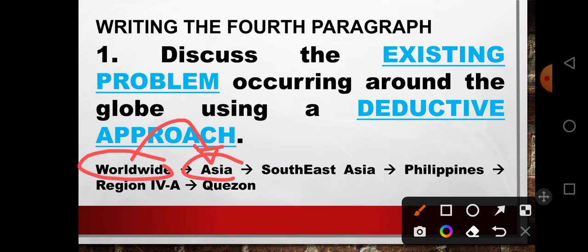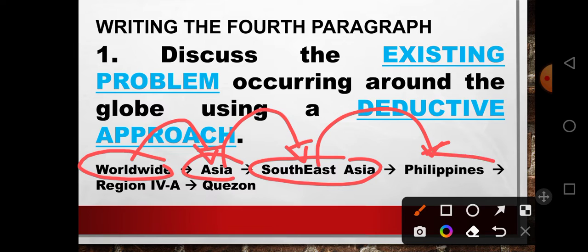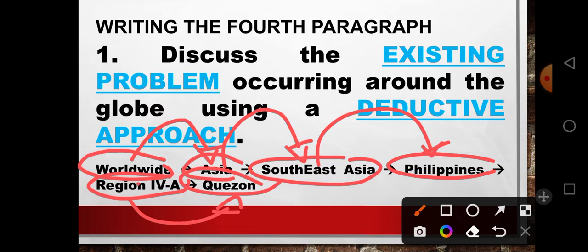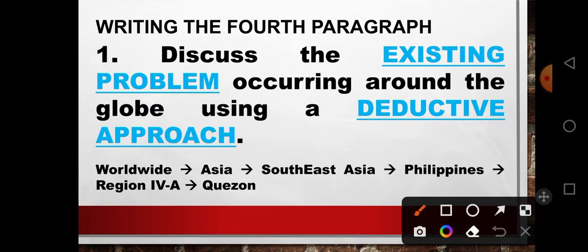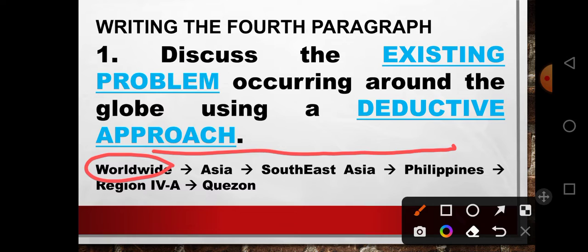And then you can narrow it down towards the problems occurring in Southeast Asia, then to the problems in the Philippines, then problems in Region 4A Calabarzon, before going to the problems in your local area in Quezon. So that's how you discuss the rationale using a deductive approach. First, discuss your existing problem in a worldwide context until you approach a more specific context.